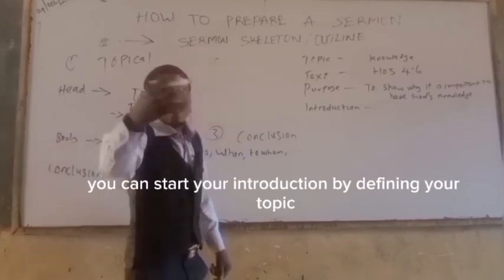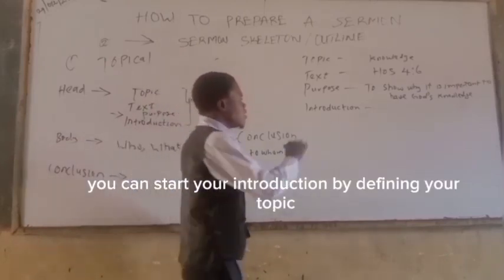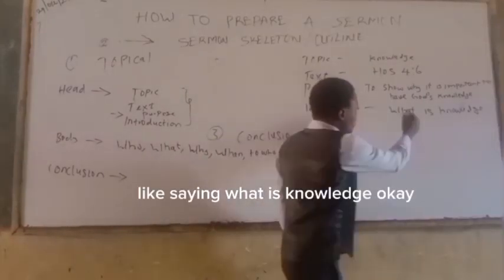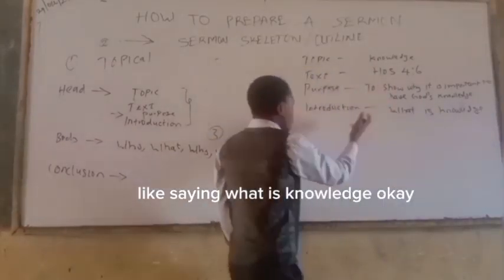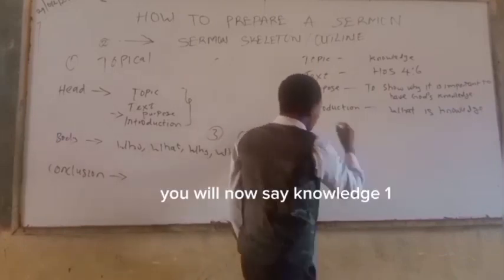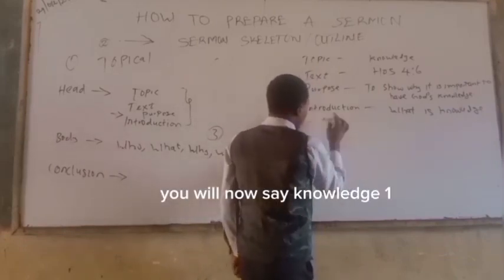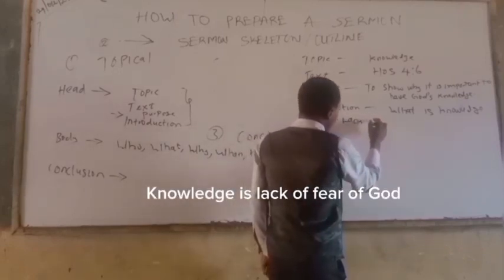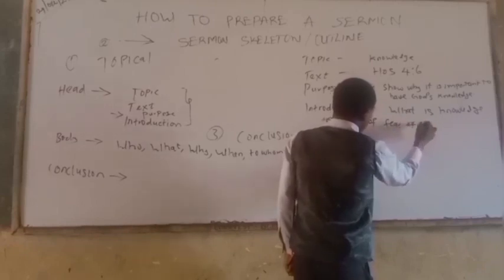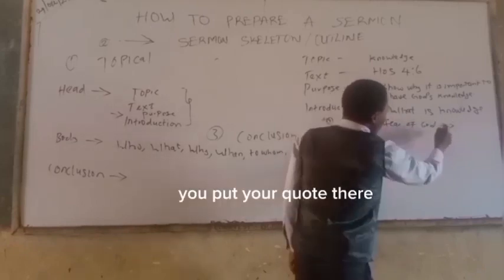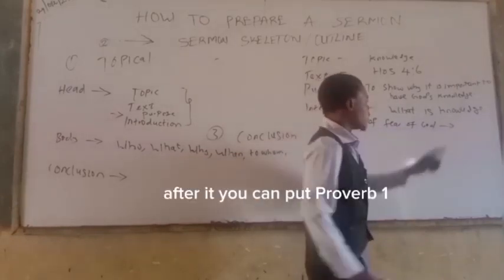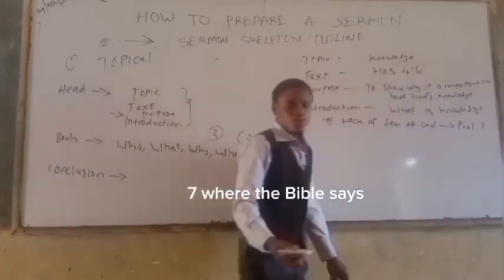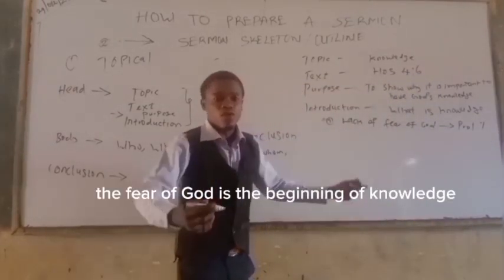as a beginner, you can start your introduction by defining your topic, like saying, what is knowledge? Okay, that's under the introduction. You will now say, knowledge. 1. Knowledge is the fear of God. You put your quote there. After it, you can put Proverbs 1:7, where the Bible says, fear of God is the beginning of knowledge.